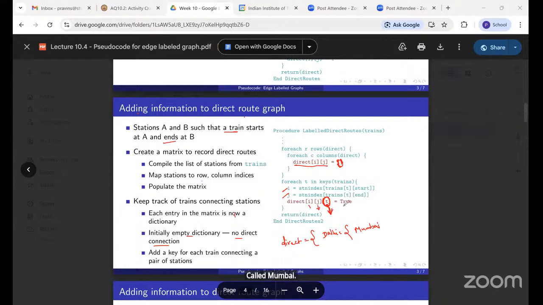And this T denotes the train number; I will have one more key, let's say 12291 is the train number. This says that through this train T I'm able to reach Delhi to Mumbai. That is the intermediate information I'm adding.